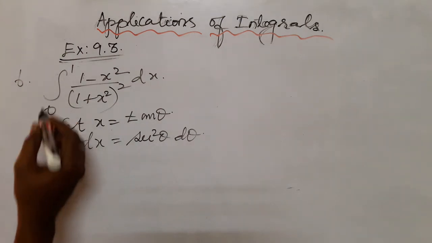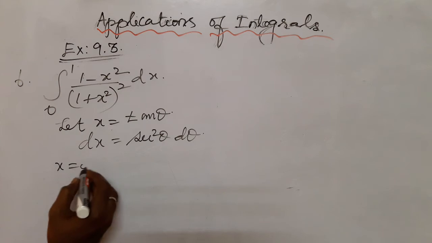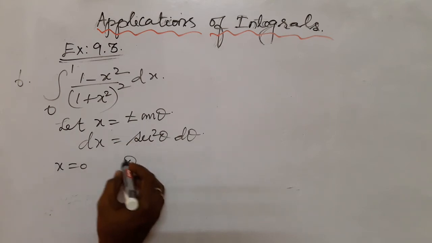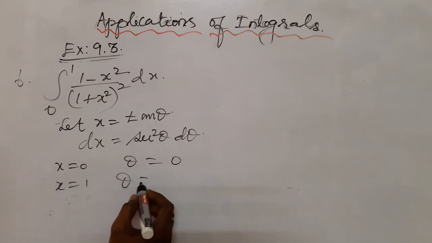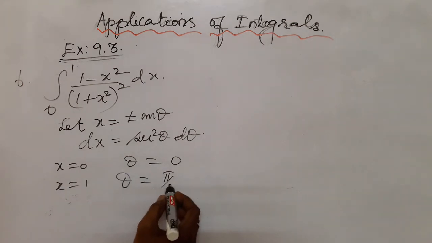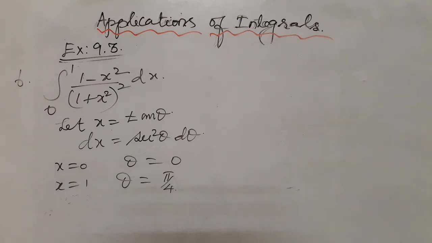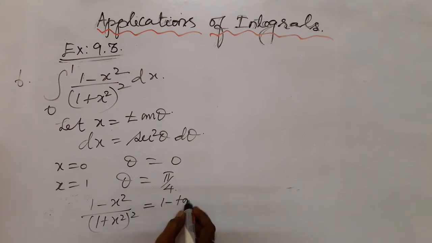Now come to the question. When x is equal to 0, your theta tends to 0. When x is equal to 1, your theta tends to pi by 4. So your fraction is 1 minus x squared by 1 plus x square the whole square, which is indirectly 1 minus tan square theta by 1 plus tan square theta, the whole square.